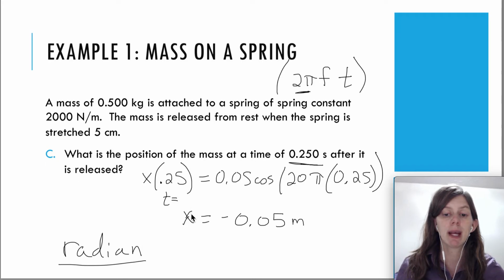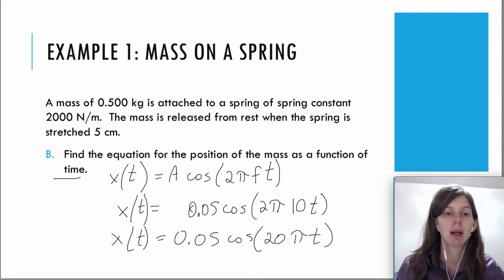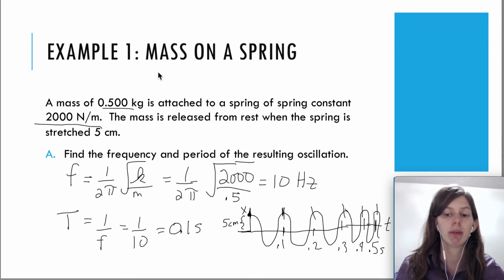Now, one last thing is that you didn't even have to plug all of these numbers in to figure out the answer to this question. If you drew the picture, what is the position after 0.25 seconds? Let's go back and look at our graph. We have 0.1 seconds, 0.2, 0.3.